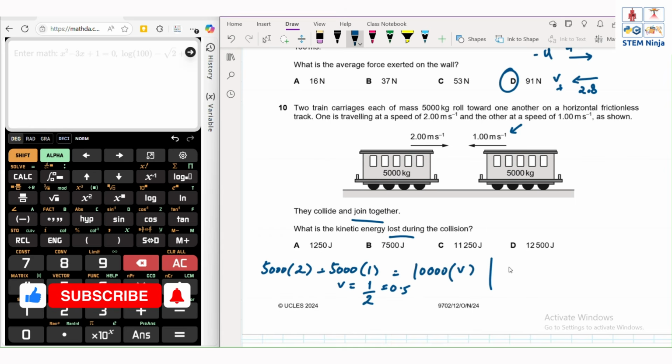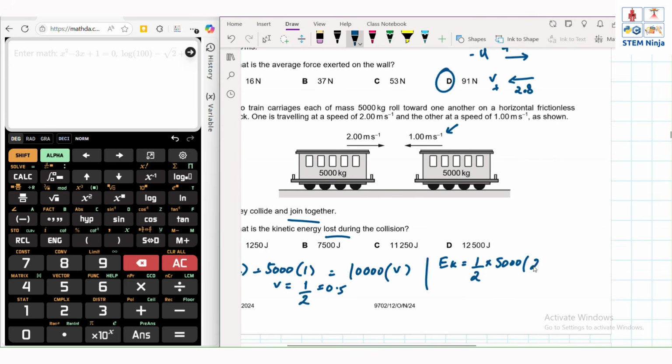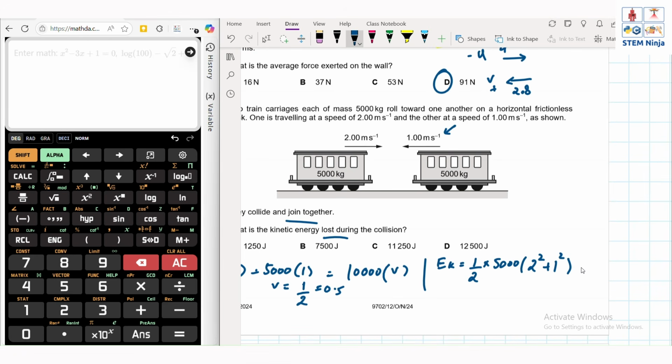Right? So EK before, or EK lost basically, so half m, sorry. Actually, it would be 5,000. The total kinetic energy is 2 squared plus 1 squared before, and after would be half times the combined mass 10,000 times 0.5 squared.